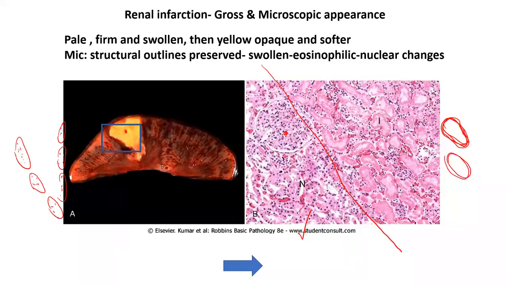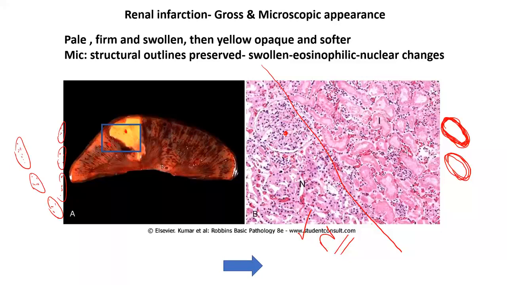If you look at the other side, you have two parts like that. Look at this part. You have ghosts of tubules. You can see that these are tubules. They are intensely eosinophilic as compared to the tubules on the normal side.